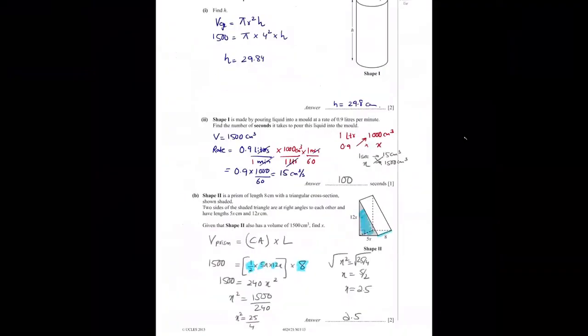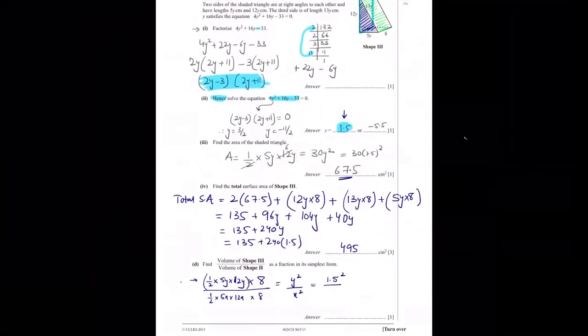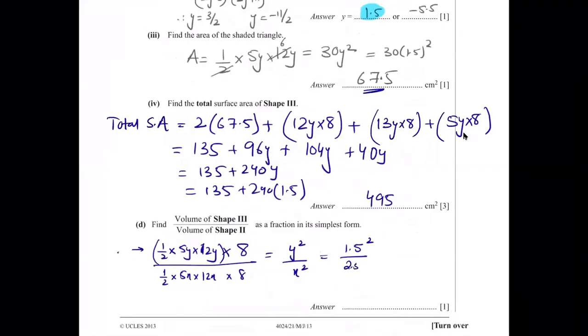What was the value of x in the previous part? x was 2.5. So if I write 1.5 as a fractional value, it is going to be 3 upon 2, and this is 5 upon 2. So 3 square is 9 and 5 square is 25. So the volume ratio must be 9 is to 25.